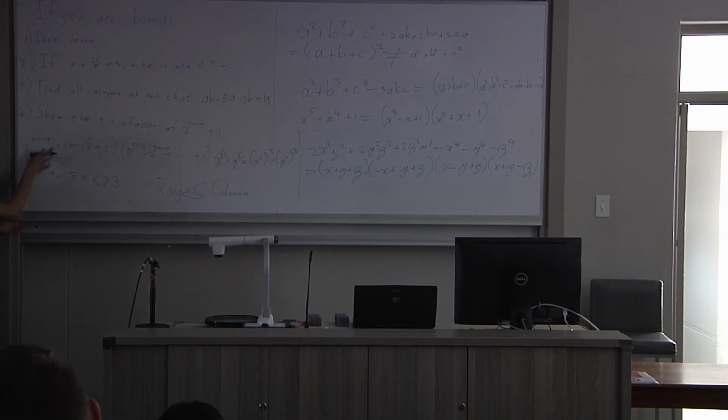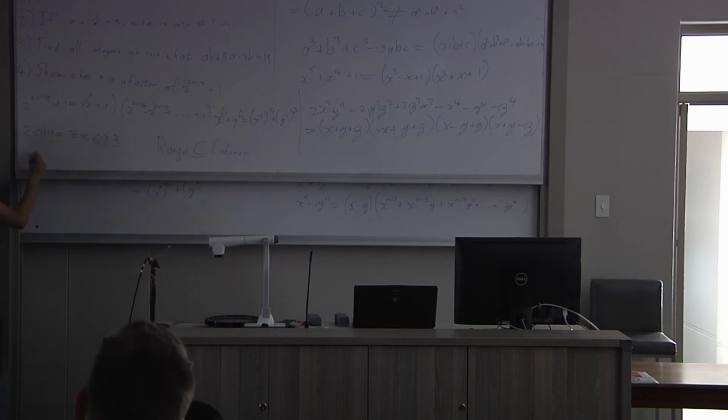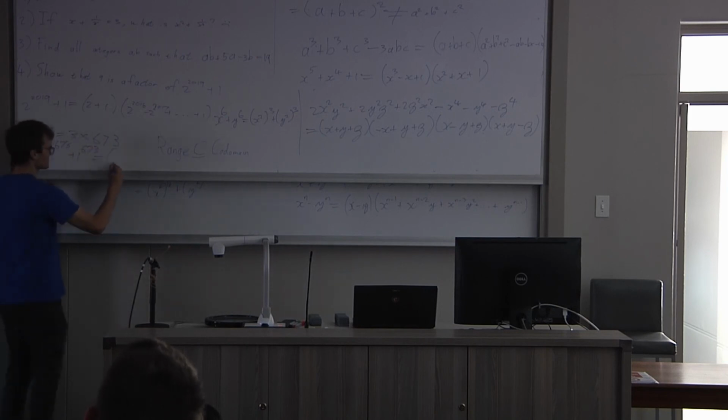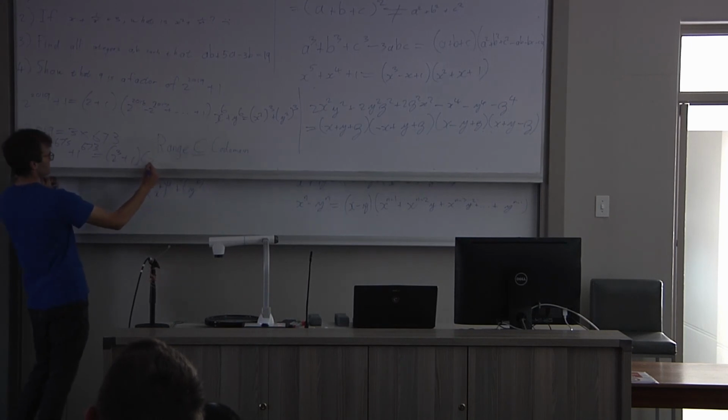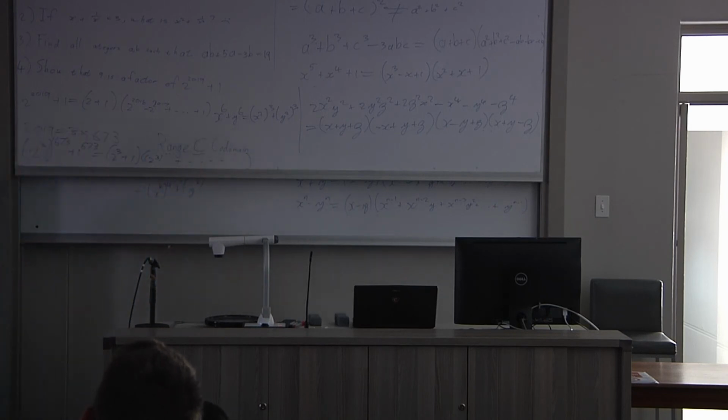So in this question, you notice that this is equivalent to 2 to the 3 to the 673 plus 1 to the 673, which is 2 to the 3 plus 1 times something else.